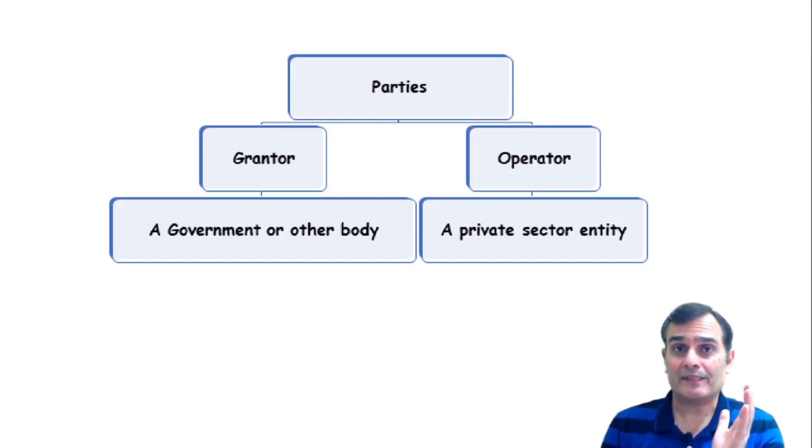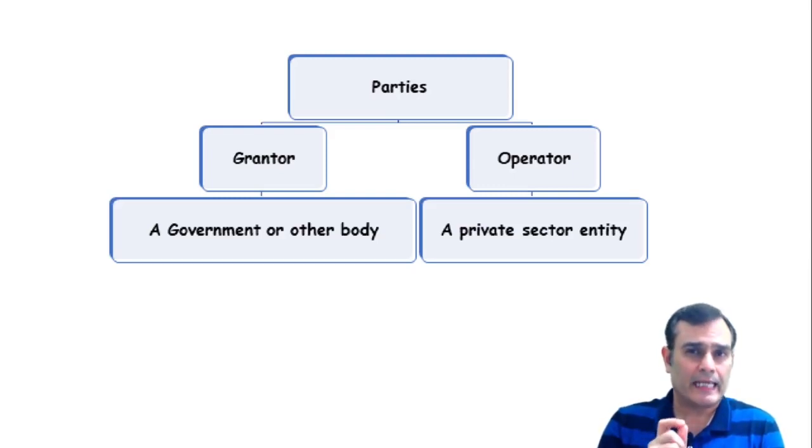Because on one hand is the government, which is the public entity, and on the other hand is a private entity. The government in this particular case, which is a public sector entity, is called a grantor. And the entity which executes that particular service is called an operator. Now this IFRIC 12 is actually dealing with the books of the operator.